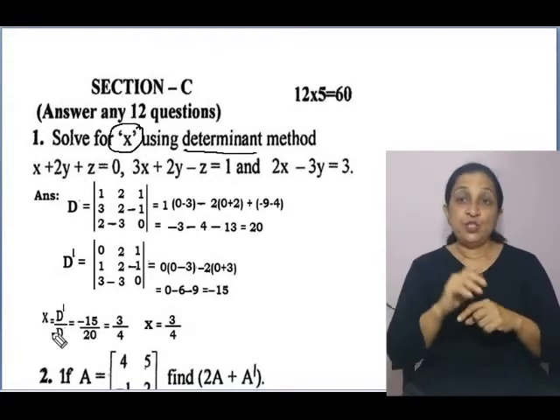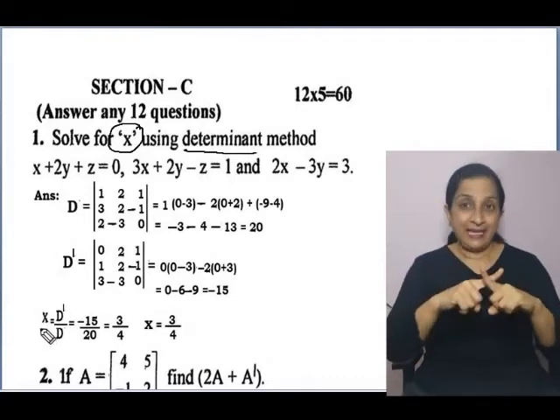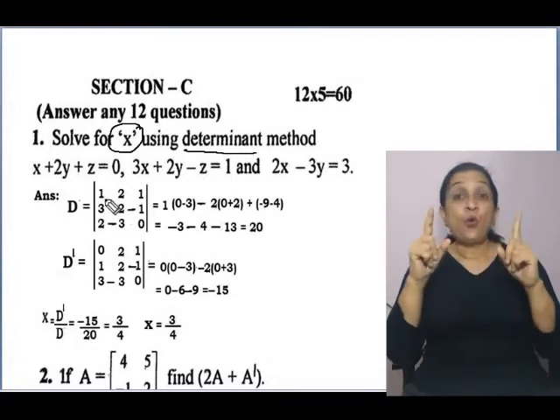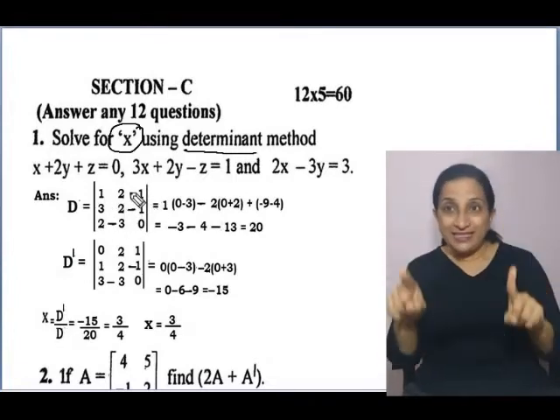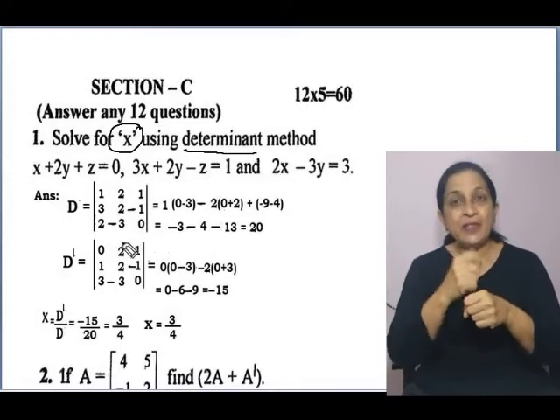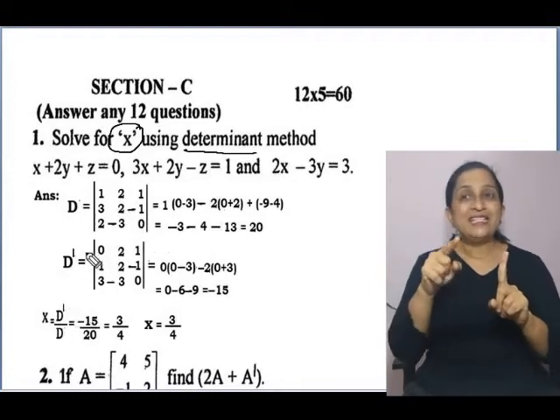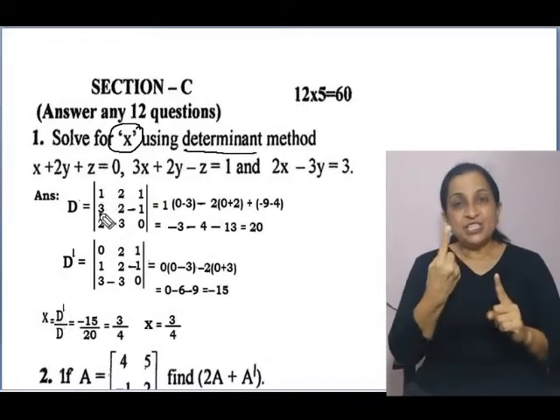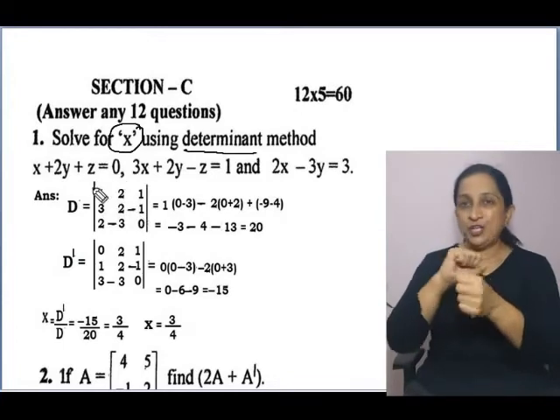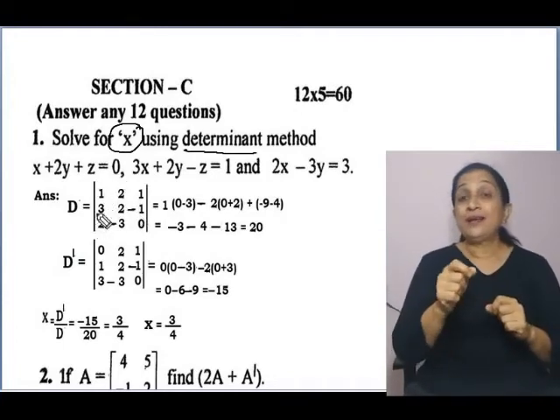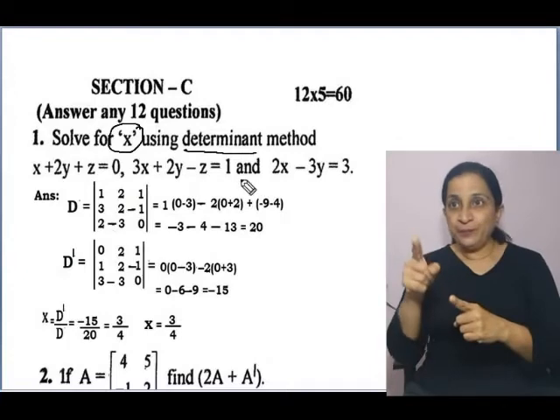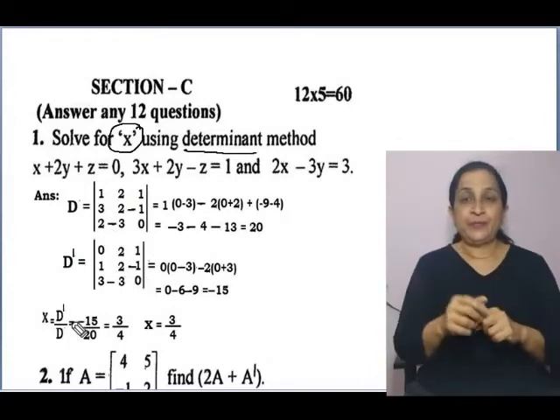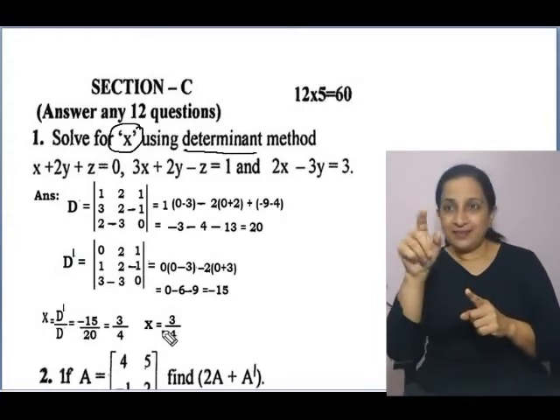The formula is the value of x equals D dash upon D. D is the value you will get by putting the determinant from the equations. I will tell you how. And D dash is, you just replace the x column, the first row is for x, second for y, third for z. Then for the x column, you put these values 0, 1 and 3. Then you get the value of D dash. And do D dash by D, you will get the value of x.